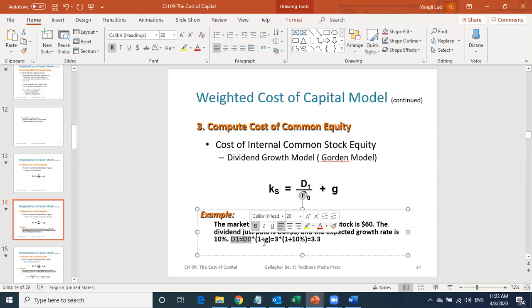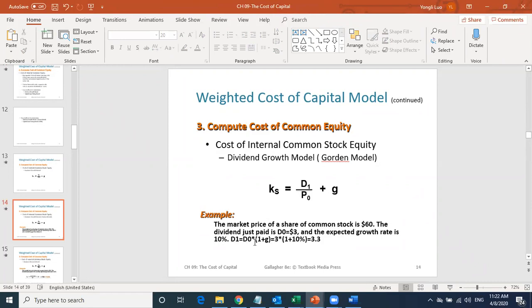D1 is D0 times 1 plus G. It's the dividend at the end of the first year, not the current dividend. So if they give you a current dividend of $3, you have to calculate the expected dividend at the end of the year, one time period after the current period.